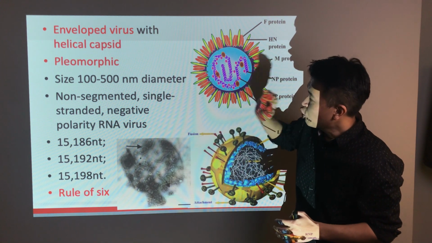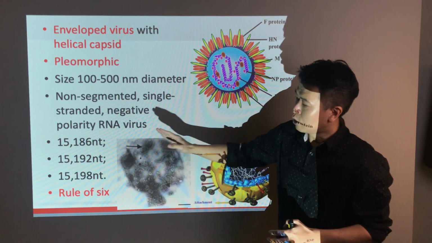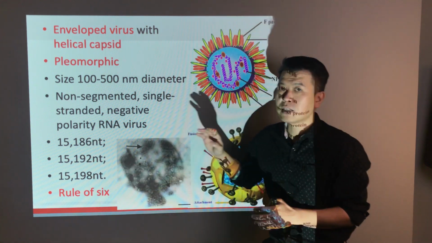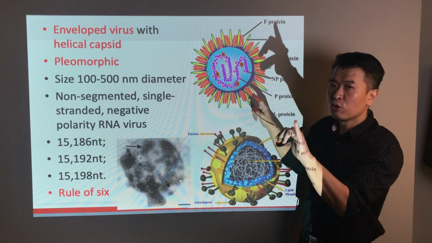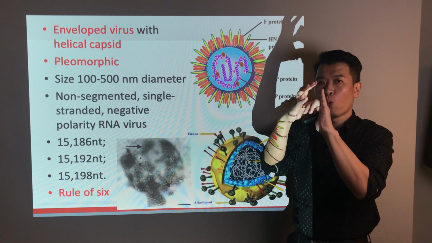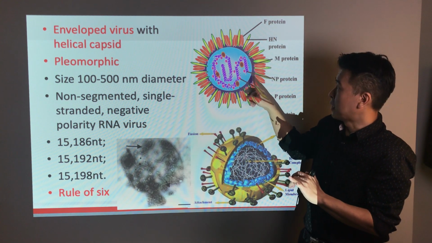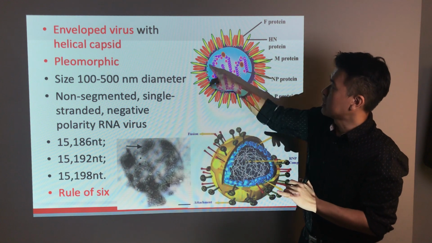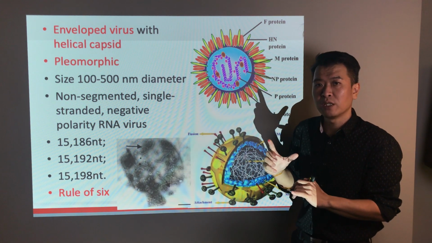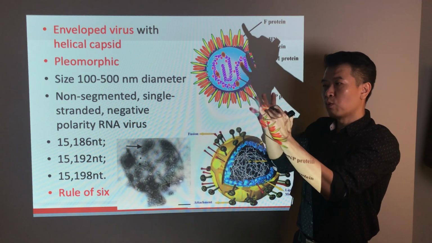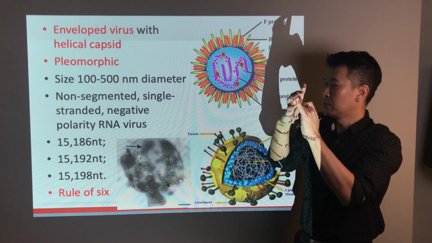The number of nucleotides will always be divisible by 6 simply because 6 nucleotides are bound by 1 NP protein. I mentioned earlier that the RNA is protected by nucleocapsid protein, and 6 nucleotides are bound by 1 NP protein.